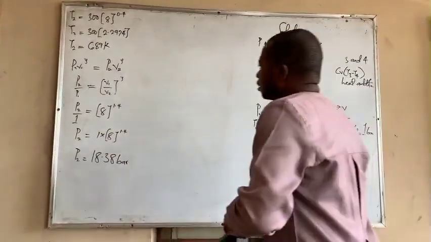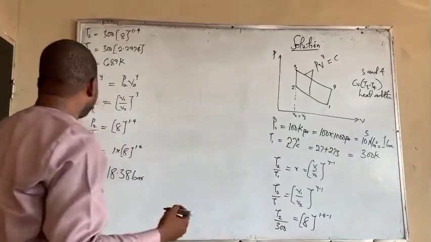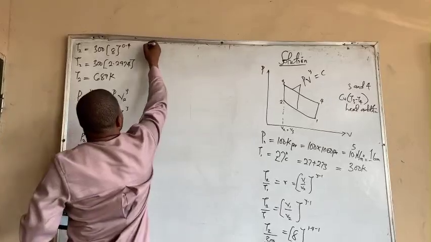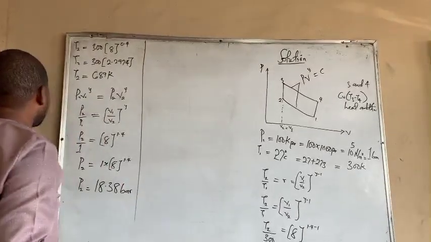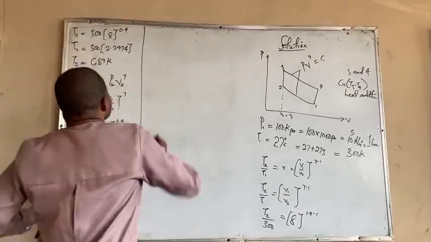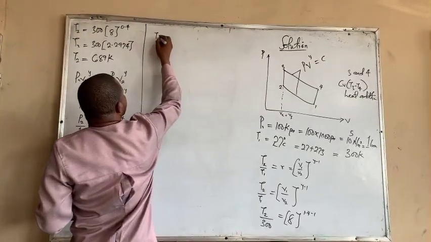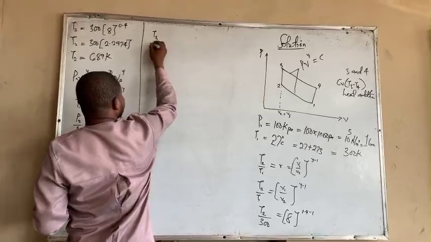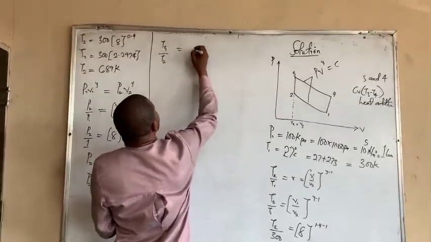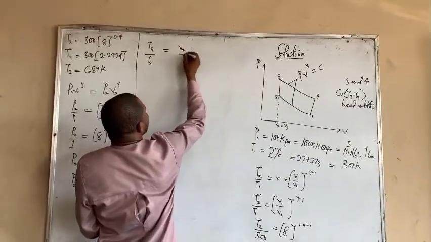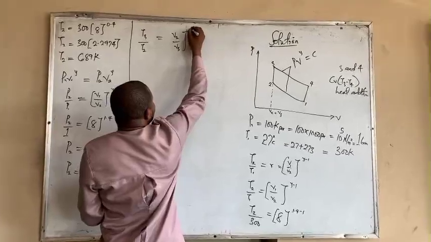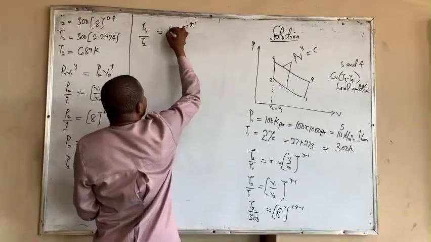We will still go on to get the value of our P3, T3, and the rest. So T3 over T2 will give me V2 over V3, all raised to the power gamma minus 1.